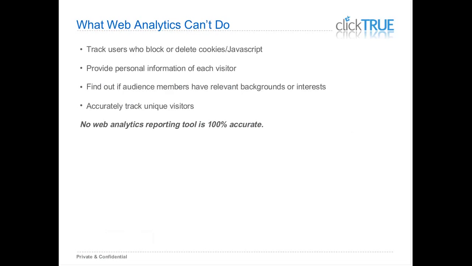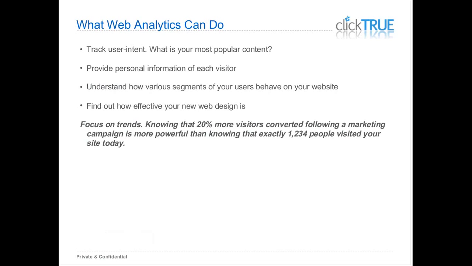So what should you do instead? What you should do is track user intent. All right, find out what's the most popular content for, say, a certain segment of your visitors. All right, you can also measure the effectiveness of how your online marketing efforts are doing.